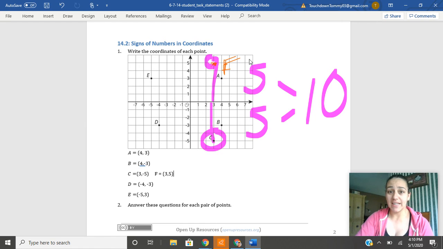So we can count these up and notice that it's 10 points here by going 5 and 5, or even just 1, 2, 3, 4, 5, 6, 7, 8, 9, and 10. But I can also notice that from -5 to 0 has a distance of 5.